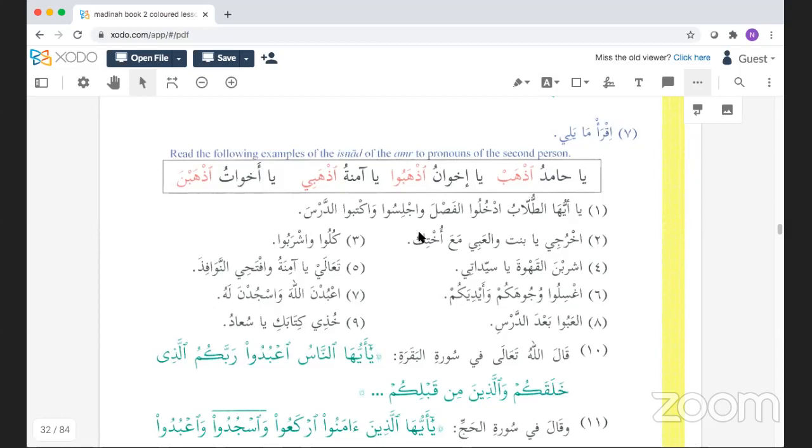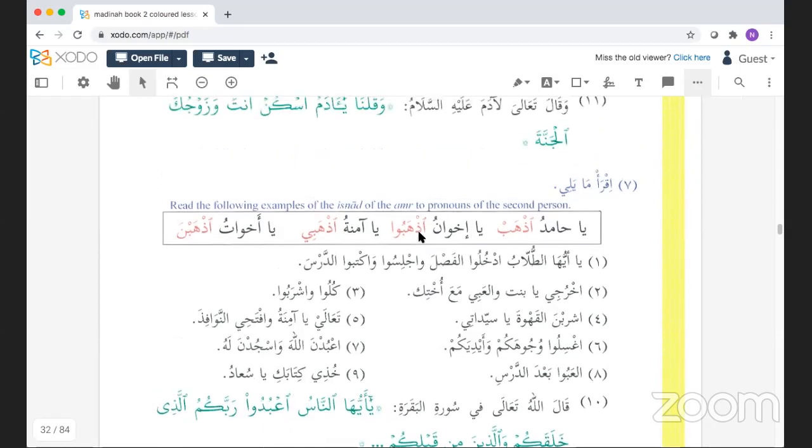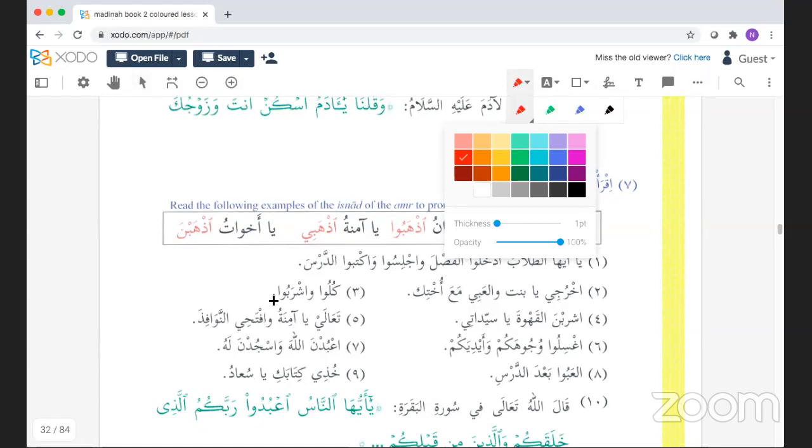Is that screen being shared right now? You can see the example over here. For example, here you can see كلوا واشربوا.